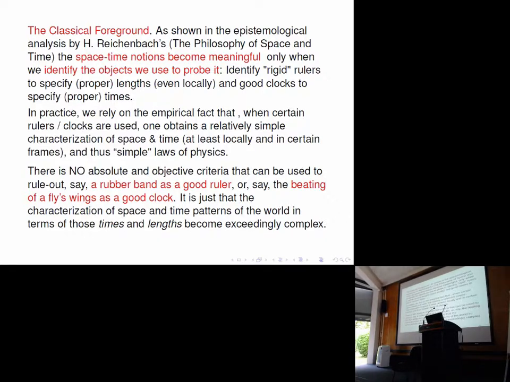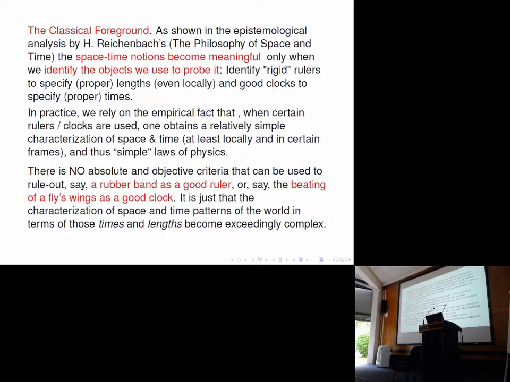What we actually do in physics is to choose some particular convenient ones. There are particular choices of these rulers and clocks for which we obtain laws of physics that are particularly simple.